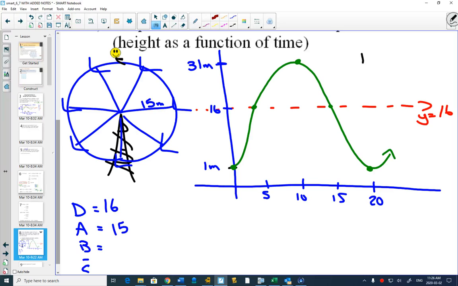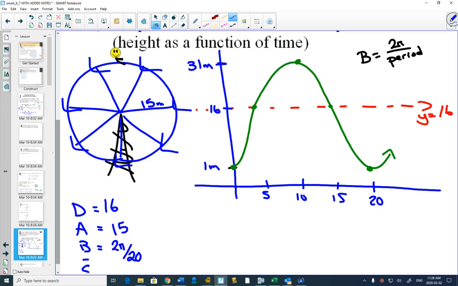We have a formula that period is 2 pi over the B value, and so your B value is 2 pi divided by our period. What is our period? Our period takes 20 seconds to get back, so our B value is going to be 2 pi over 20. And even though I could simplify that to pi over 10, in this situation I'd actually prefer it to be 2 pi over 20, because if it's written this way I can see the period's 20 really easily.